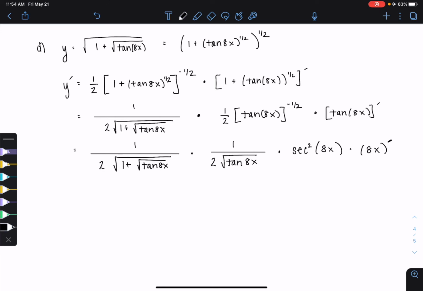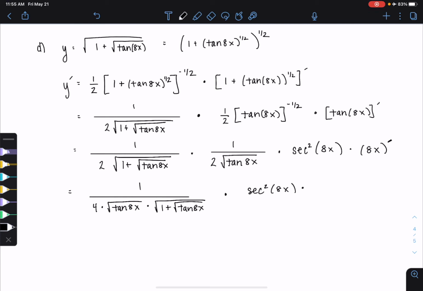So I've got one more derivative to take. But I can combine these first two pieces. 2 times 2 would give us 4. And then I've got 2 square roots in the bottom. So I've got the square root of tangent of 8x and the square root of 1 plus the square root of tangent of 8x. And then that's multiplied by secant squared of 8x. The derivative of 8x would be 8.